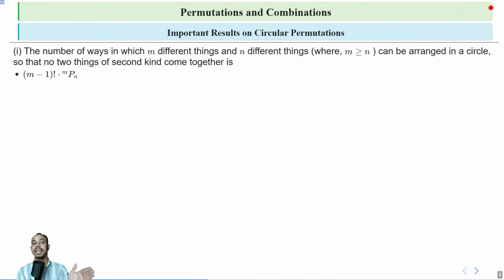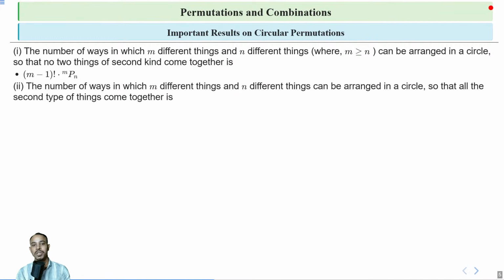So now move to the next result. In the next result we have m different things and n different things, and we have to arrange them in a circle with the condition that all the second type of things come together.